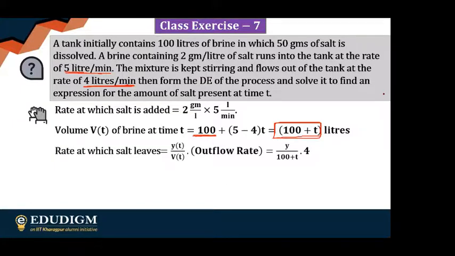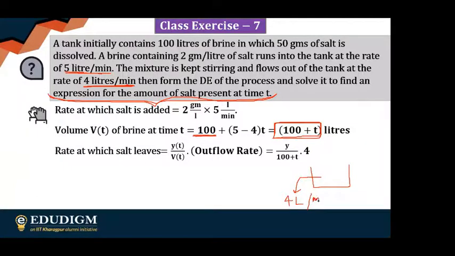Now the rate at which the salt leaves. This is very important because at the end of the day, you're finding out the expression of the amount of salt present at time t. This is very crucial. So you need to find out the rate at which salt is leaving. Now for that, when it's leaving, you know that this is the outflow rate, 4 liters per minute.